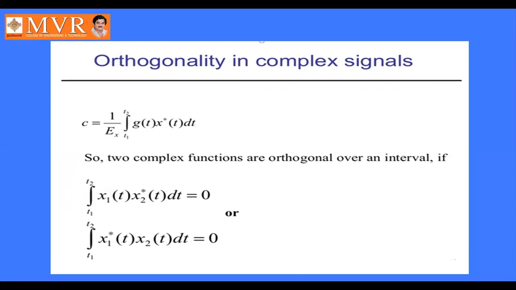Two complex functions are orthogonal over an interval if, taking two signals x1(t) and x2(t), the integral from t1 to t2 of x1(t) x2*(t) dt is equal to 0, or the integral from t1 to t2 of x1*(t) x2(t) dt is equal to 0.